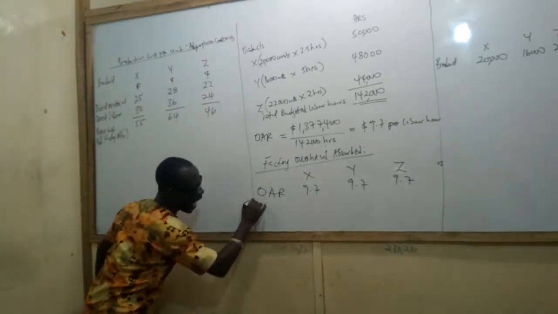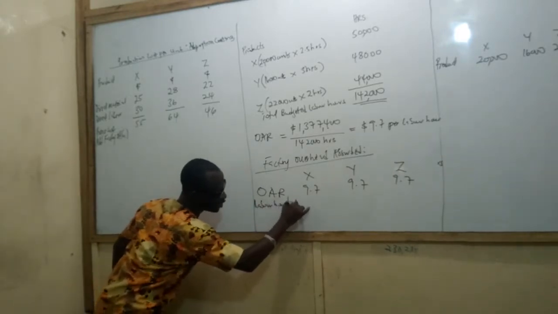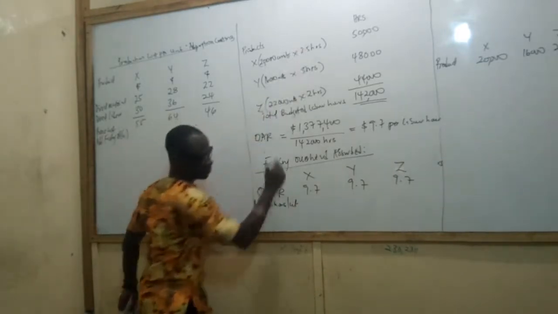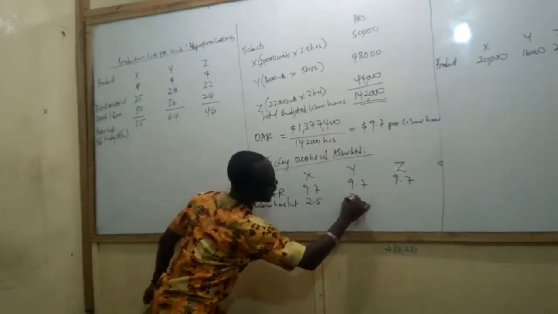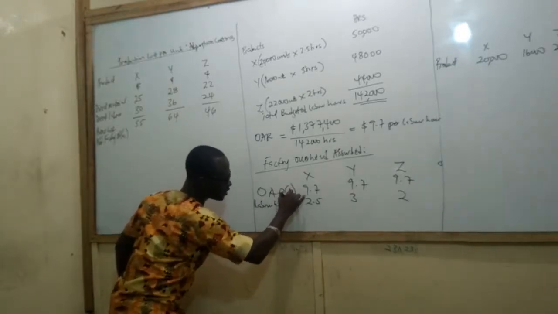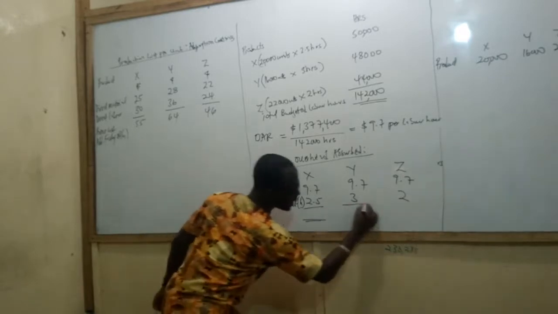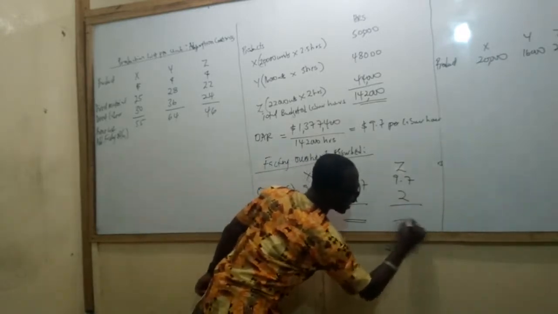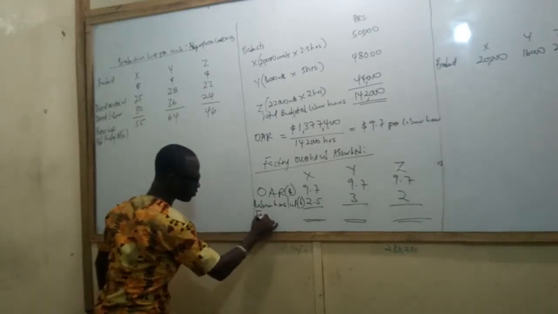Then labor hours per unit, which is 2.5, 3, and then 2. So this is in dollars, this is in hours. We multiply, and that gives us the factory overheads absorbed.